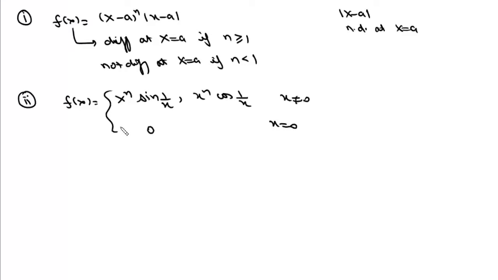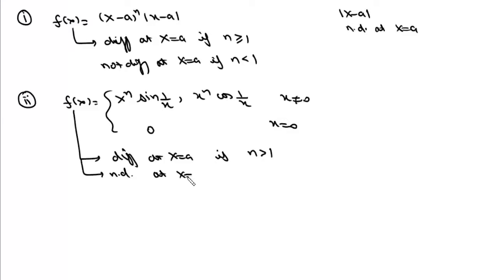Now this function f(x) also is differentiable at x equal to a if n is greater than 1, and it is not differentiable at x equal to a if n is less than or equal to 1. Now this function, if n is greater than or equal to 1, it is differentiable at x equal to a, and basically it is differentiable for x belongs to R. And here also this function will be differentiable for x belongs to R.